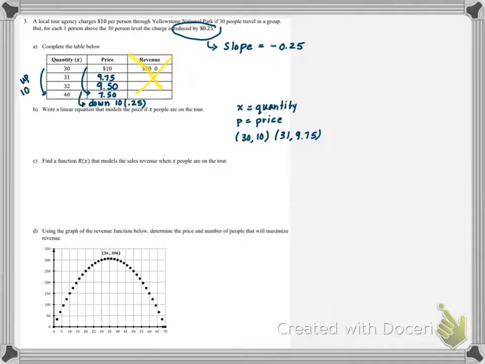Once we know our slope, we're going to use our point slope formula. So we have our slope is equal to the slope between, so it's the change in our y values. I'm going to use (30, 10). So change in our y values over change in our x values. That's just our slope formula between the point that we know and a general point (x, p). And then we'll clear fractions. You guys remember this? Yeah?